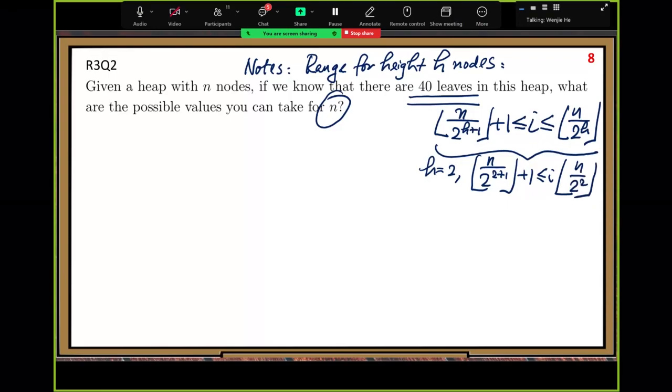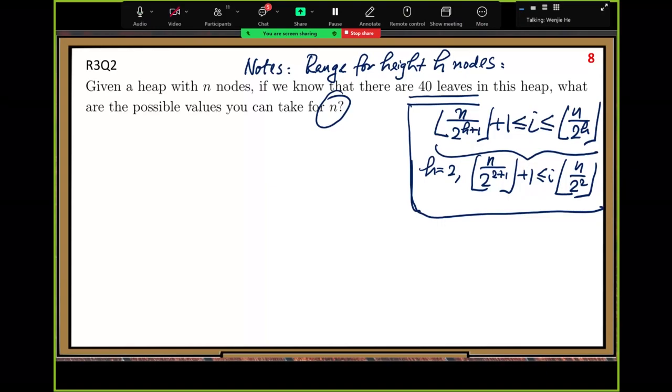Based on our range formula, you get n over 8 plus 1. Just find this formula in the notes.